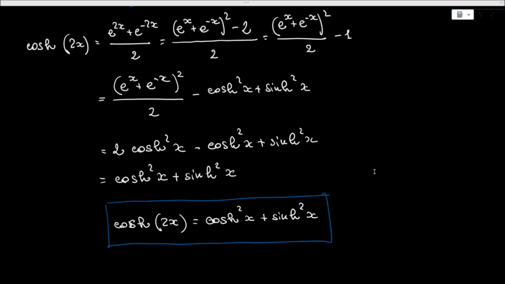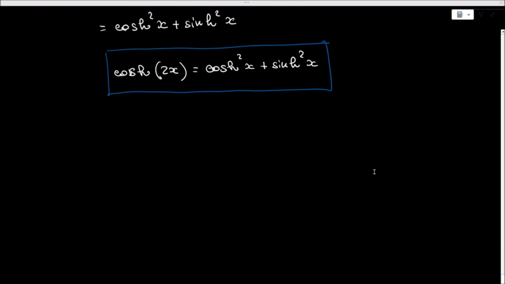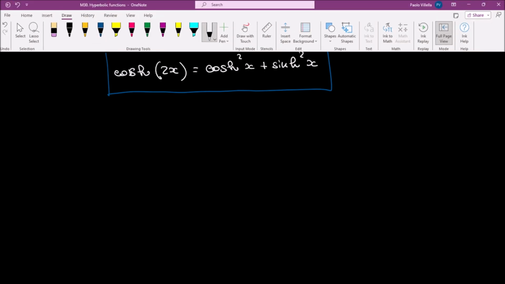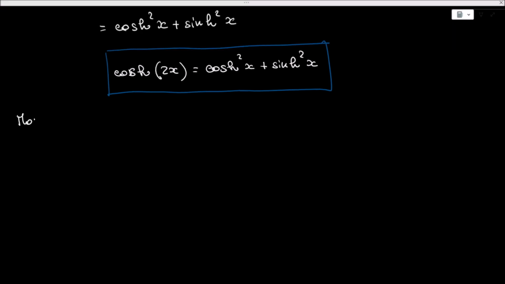Now that we have established important relationships between the functions, it's time to have a look at the behavior of the function, and in particular the monotonicity of the function. In fact, we'll see that, let's start with the sine of x, okay?